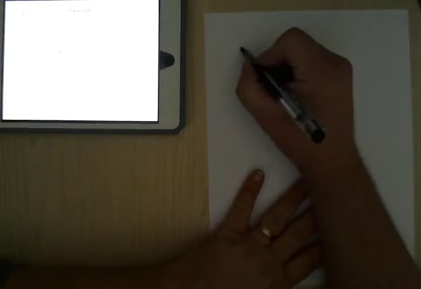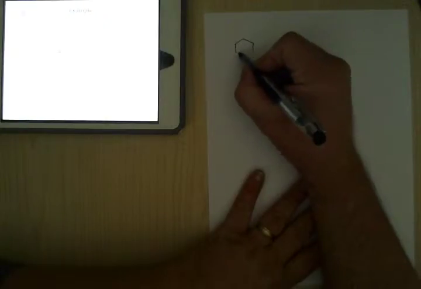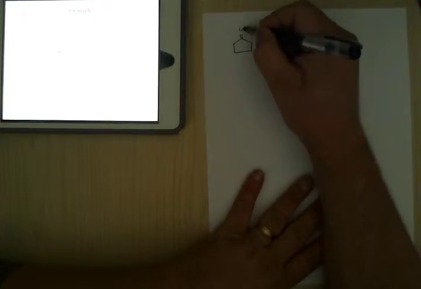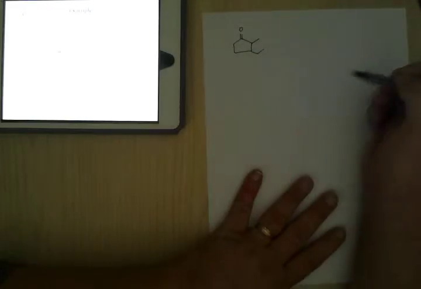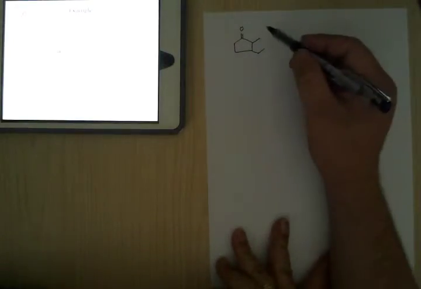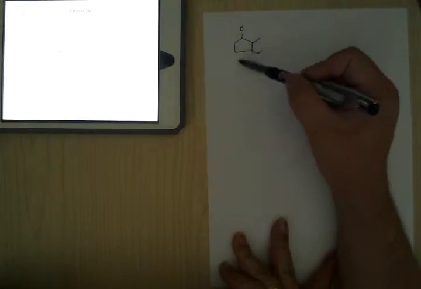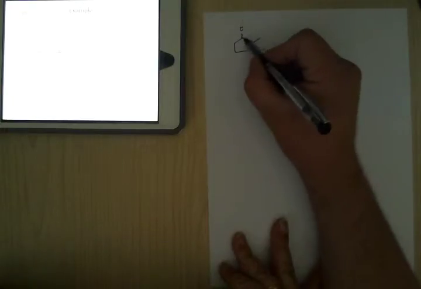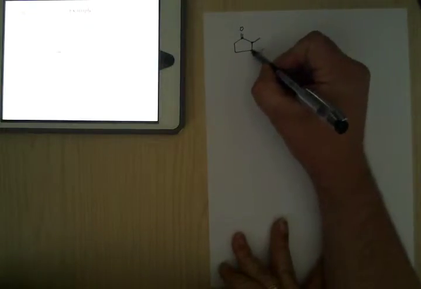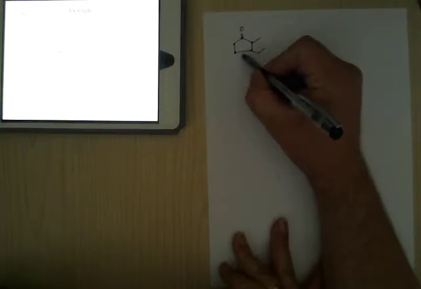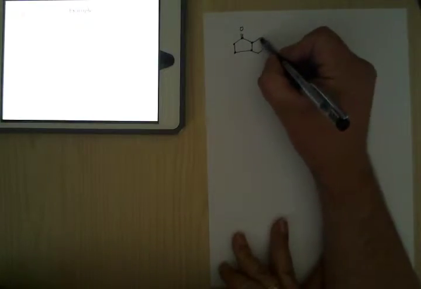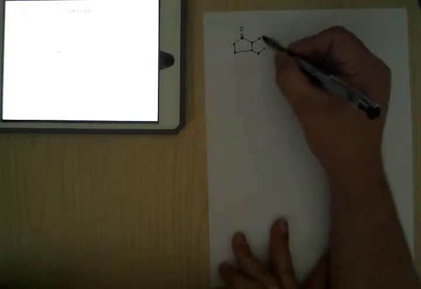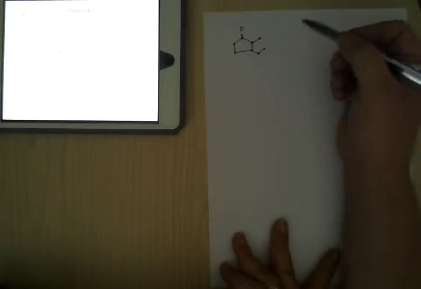Now you can also have cyclic ketones, like that. Again, you're going to have the main chain, and it's got to contain that ketone group. So it's going to be the ring here. Remember, it's always either ring or straight chain. You can't do both.